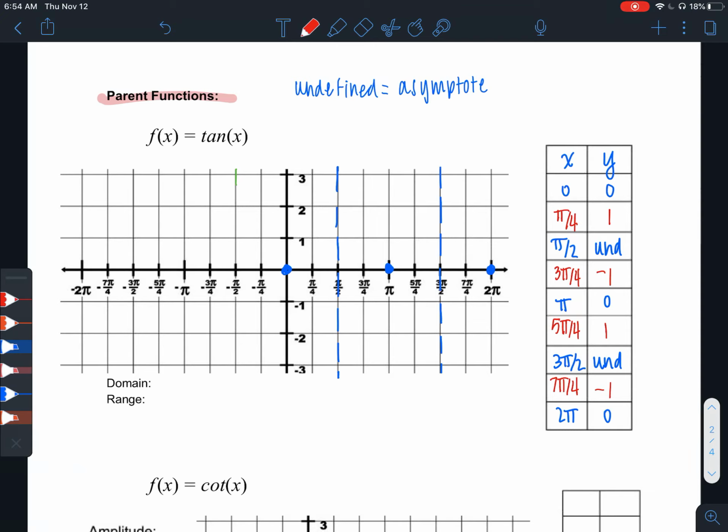So if we graph those points, pi over 4, 1, 3 pi over 4, negative 1, 5 pi over 4, 1, undefined, negative 1, 0, and then we would have 1 back over here. So when I graph that, it's going to look like this. And it just keeps going and going and going. We can even continue it in the negative direction.